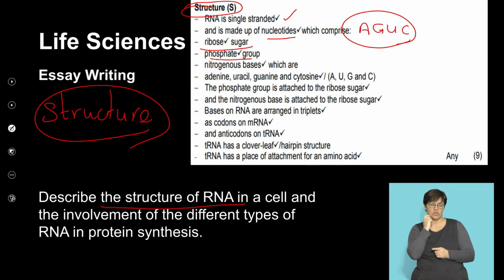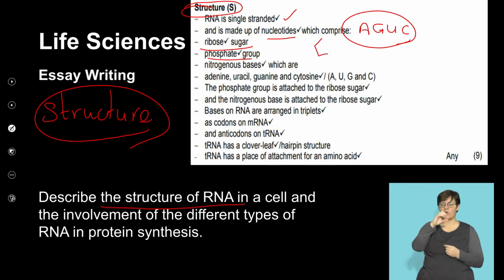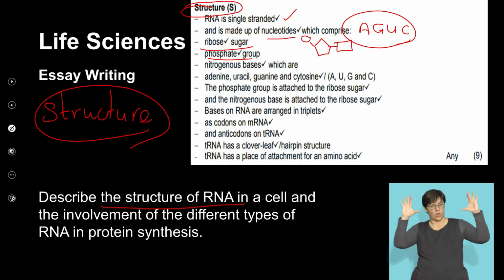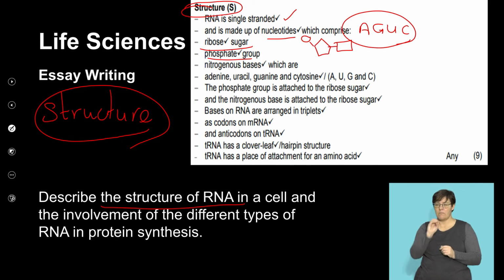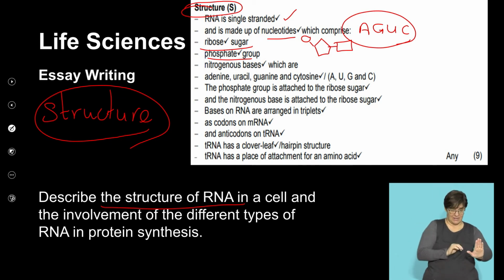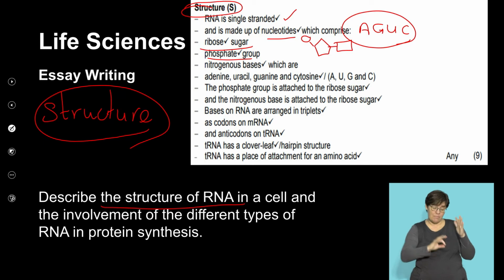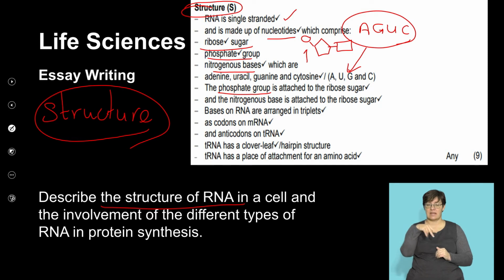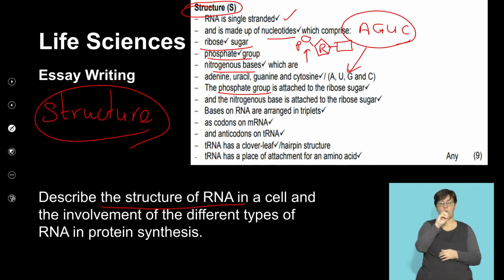It has the phosphate, and if it helps for you to draw this little molecule, it does help, guys, and that helps you to again get the context of what you've studied and put that into your planning. This is all in the planning. Include the fact that it has nitrogenous bases, which I mentioned are adenine, guanine, uracil, and cytosine. Mention the fact that you've got the phosphate group that is attached to the ribose sugar here.